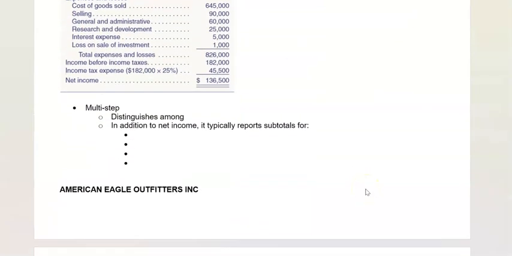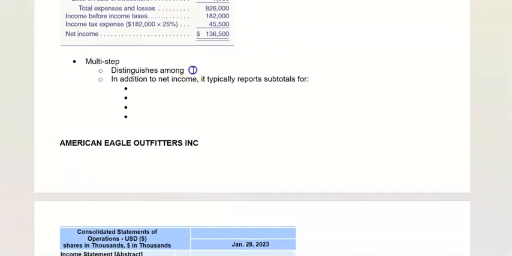Most companies, however, use the multi-step income statement, which distinguishes among the various activities that affect net income. In addition to net income, it reports other totals, so we don't see just one equation, but multiple equations.